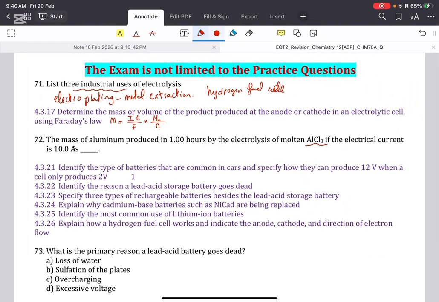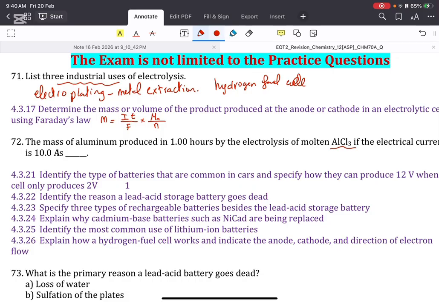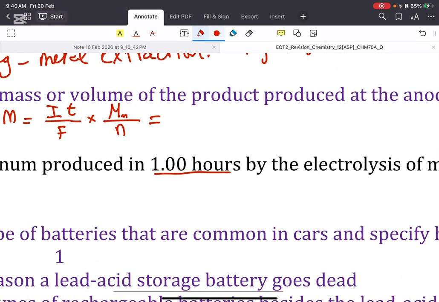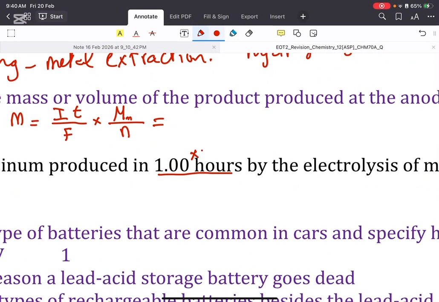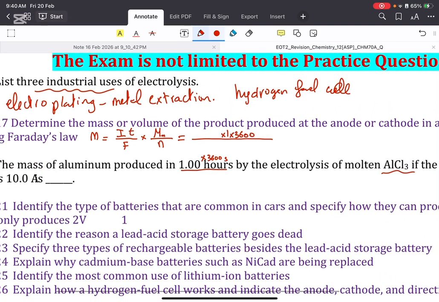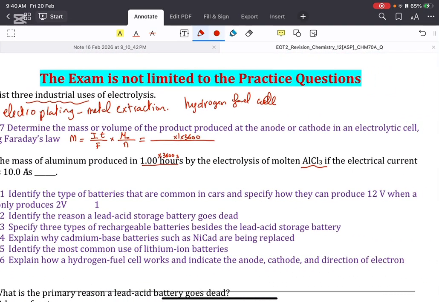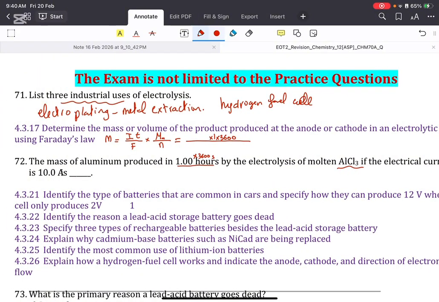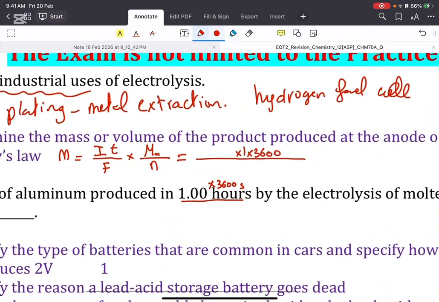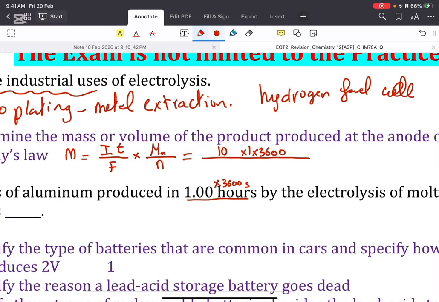Now, if I use this formula, they want the mass of aluminium produced in 1 hour. So 1 hour is going to be multiplied by 3,600 in order to turn it into seconds. So I'm going to put it over here: 1 hour times 3600, by the electrolysis of molten AlCl3 if the electric current is 10 ampere, so that's I ampere.